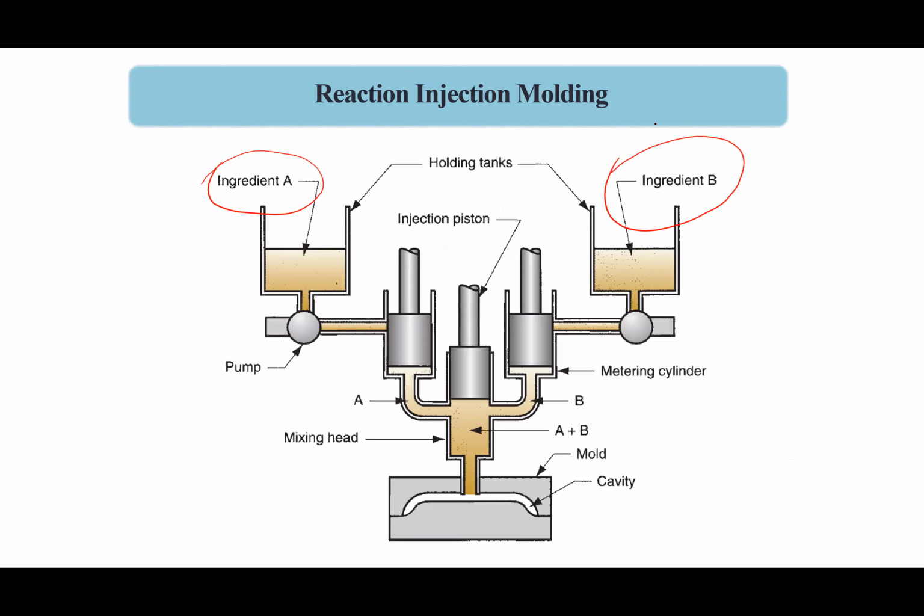The required proportion of material is supplied through the ram injection piston into a mixing head where the materials get mixed together, and after mixing we push them using that injection piston into the cavity and allow them to solidify, and then we start another shot. The chemical reaction actually takes place at the mixing head.